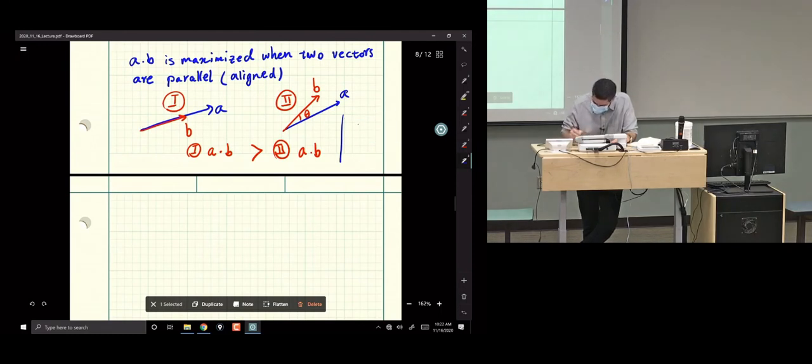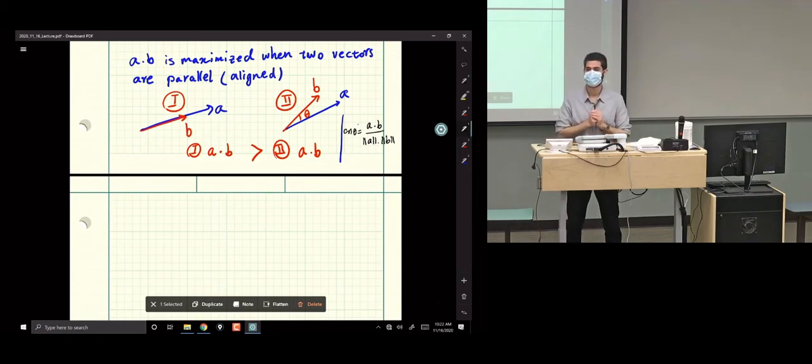Try again using a thinner pen. And then you take the arc cosine. It will tell you the angle.